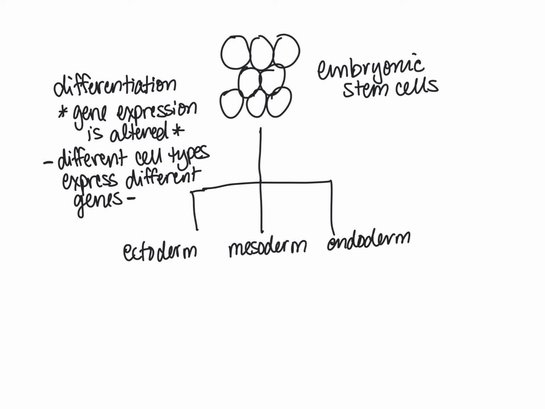And so the cells that are making up these germ layers have started on the path to differentiation. So certain genes have started to be turned on and other genes have started to be turned off. But they're still not totally differentiated yet.